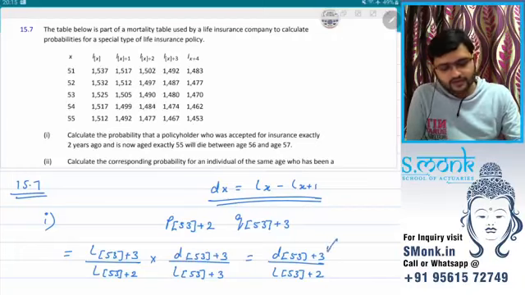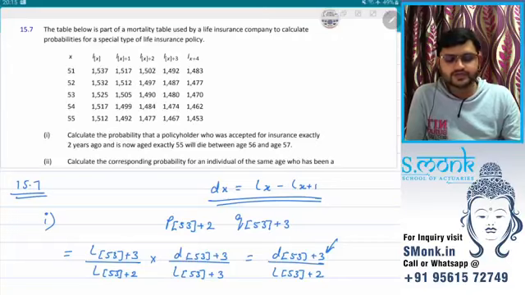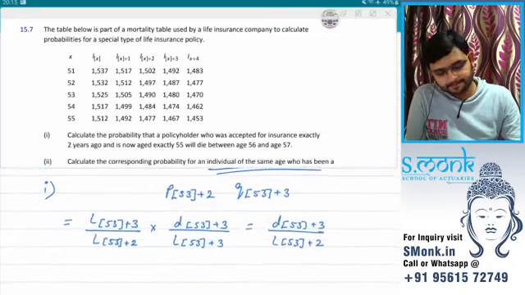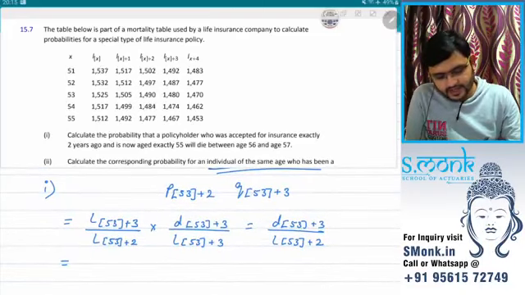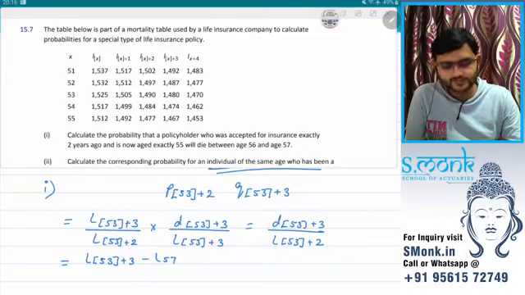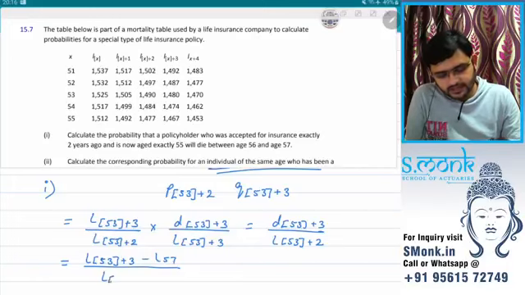And when I add one more value here, that is 53 plus 4, 53 plus 4 will give me actually age 57 directly, because after 4 years our select period goes away. So I will say this is L select 53 plus 3 minus L, directly 57, right? 53 plus 4 upon L select 53 plus 2.